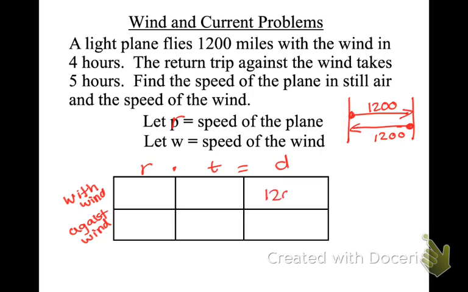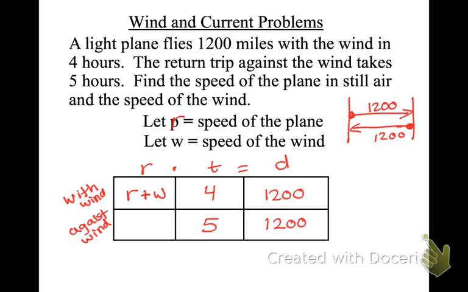So I'm going to put the 1,200 in here. And in 4 hours, I can put the 4 here. And how am I going to show that speed? What do you think? How about the speed of the plane plus the wind? Now, coming back, it's 1,200. How long does it take? More time, right? Because we're going against the wind.